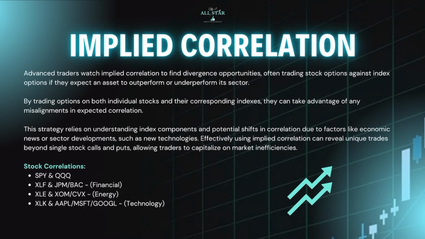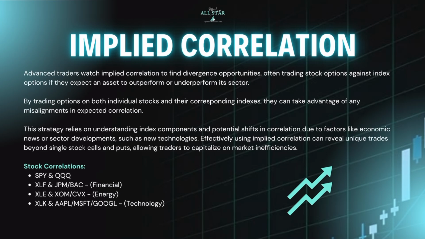In many cases, they trade individual stock options against index options if they believe an asset will outperform or underperform its sector. By trading options on both individual stocks and their related indexes, traders can exploit any misalignments in the expected correlation.